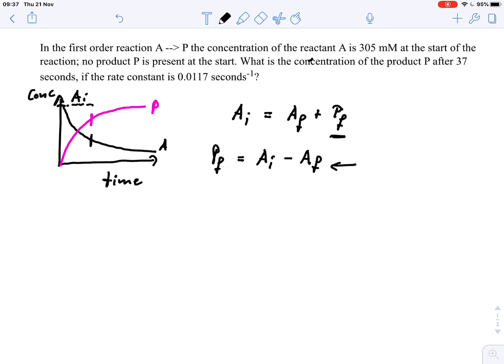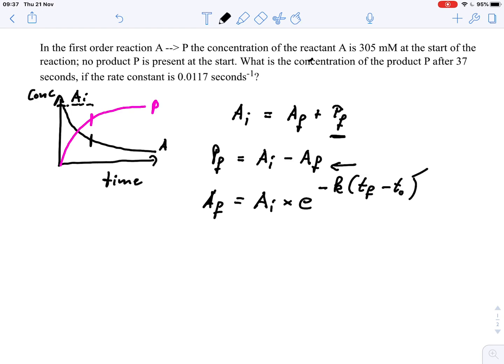And we have quite a handy equation for this final concentration, because we know that for a first order reaction A final equals A initial times e to the power of minus k times (t final minus t initial).